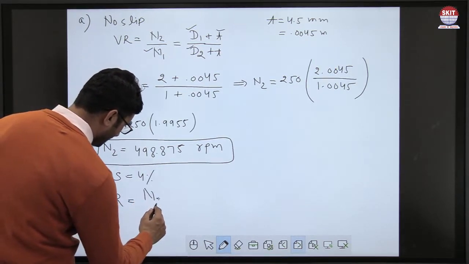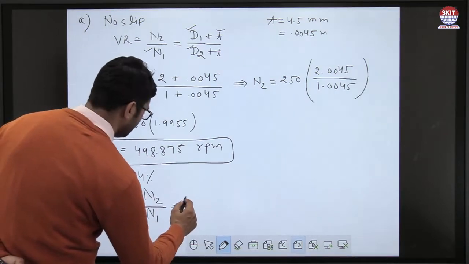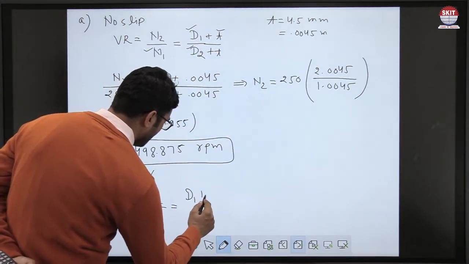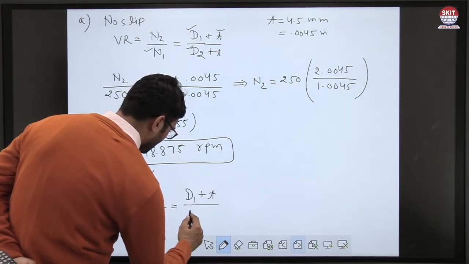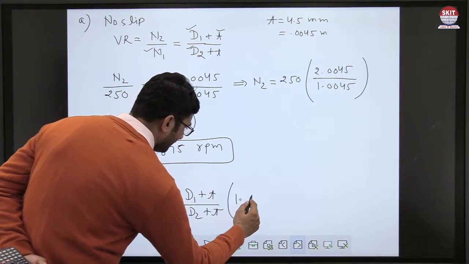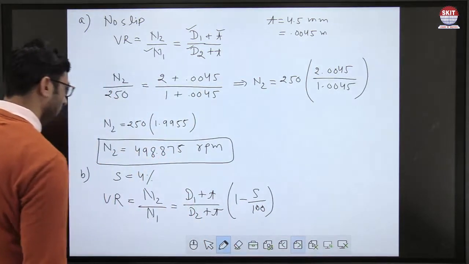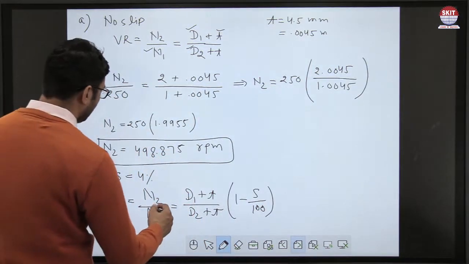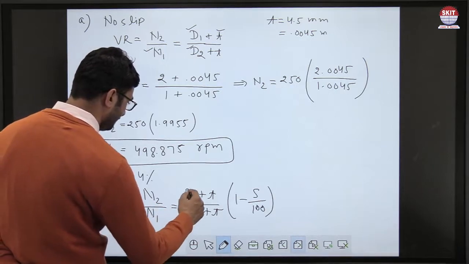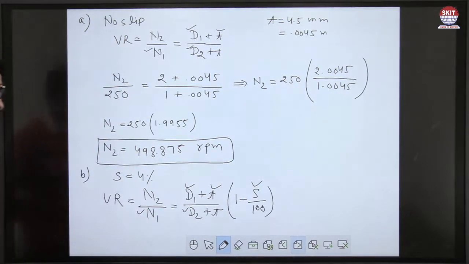This is N2 upon N1 equal to D1 plus t upon D2 plus t, times 1 minus S upon 100. We know the values of N1, D1, D2, t and S, and we find out the value of N2.